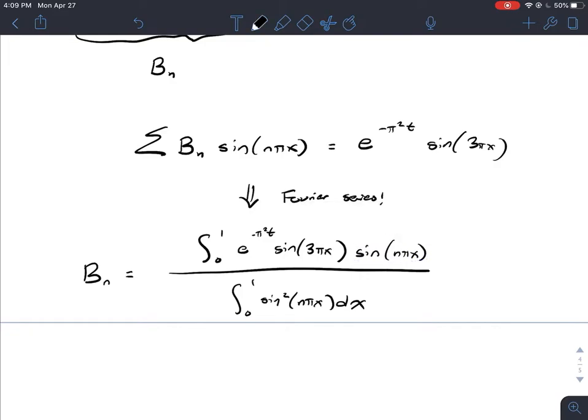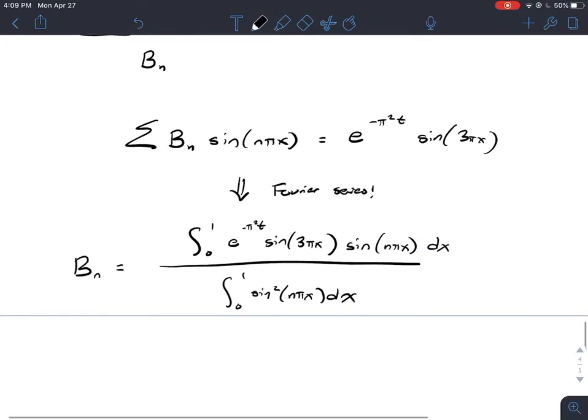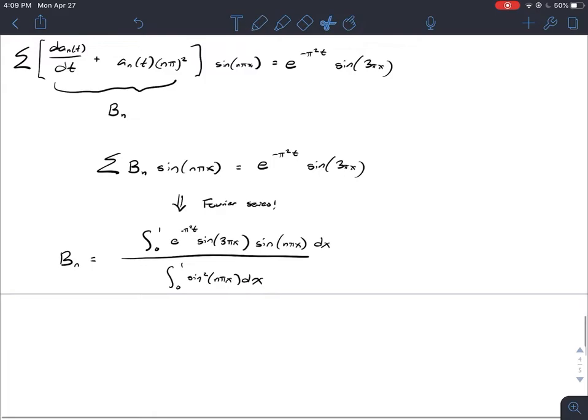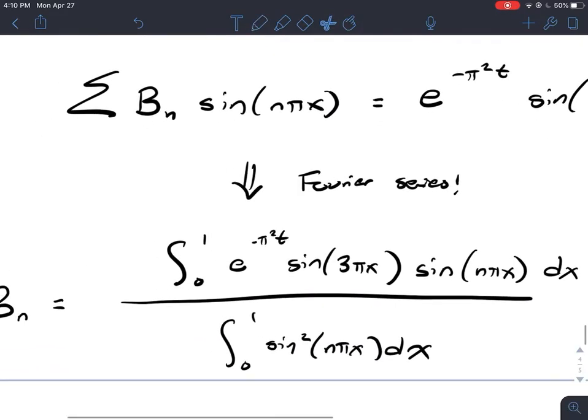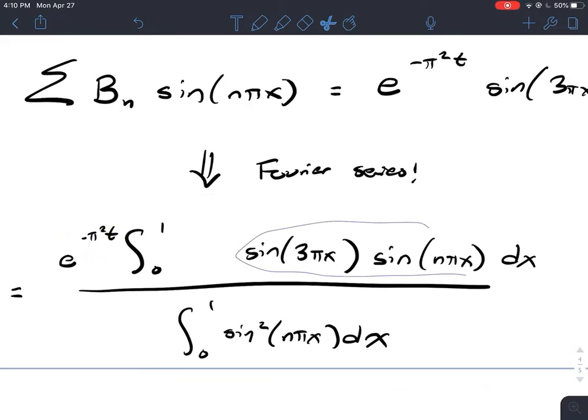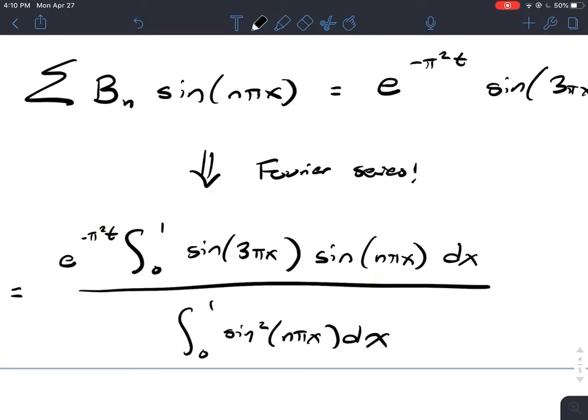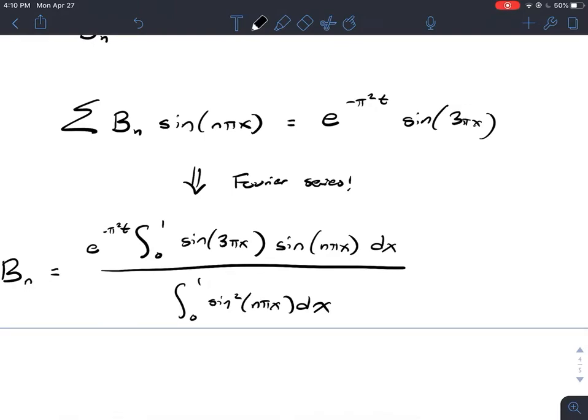Notice that our integral is only with respect to x, so we can factor out the constant. So now this is literally just a Fourier series, and we are able to solve for these coefficients explicitly.